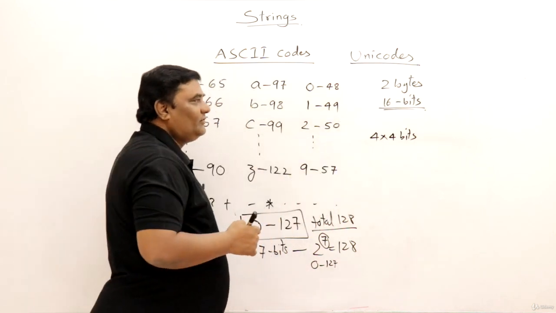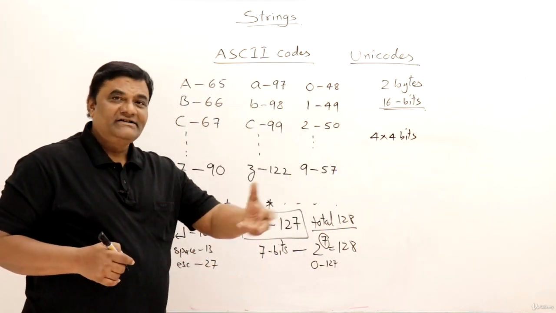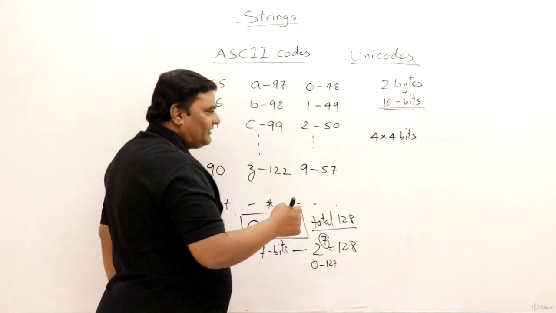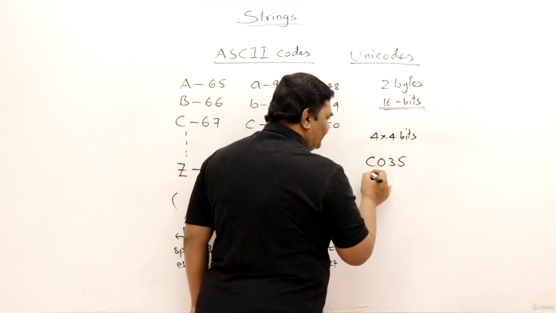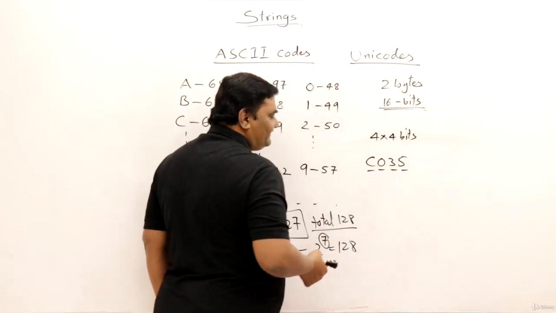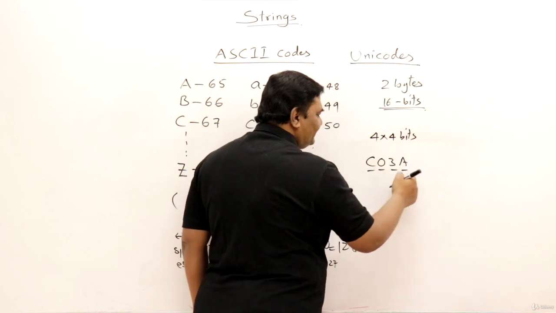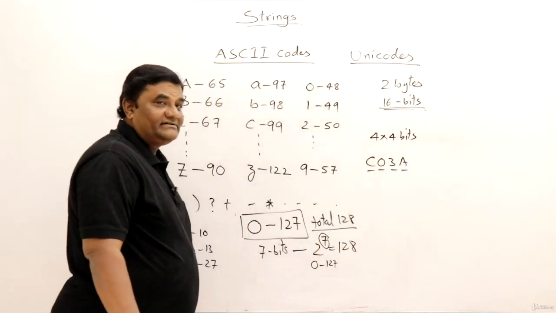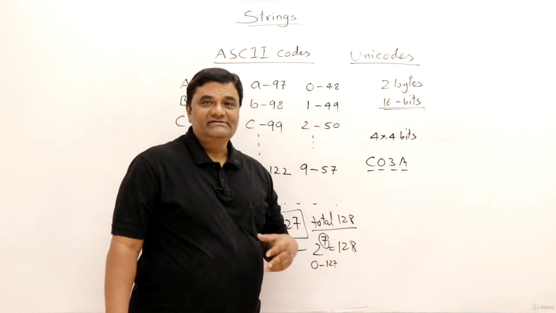So these Unicode codes are represented in hexadecimal form, in 4 hexadecimal digits. For example, C035, so these are 4 digits of hexadecimal, or C03A. So Unicodes are represented in the form of hexadecimal.